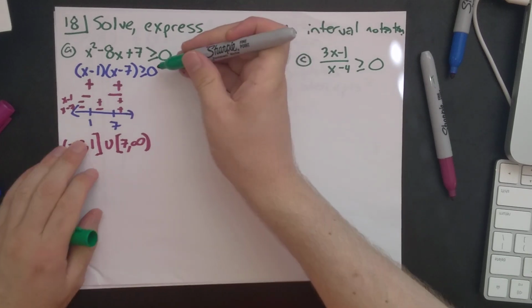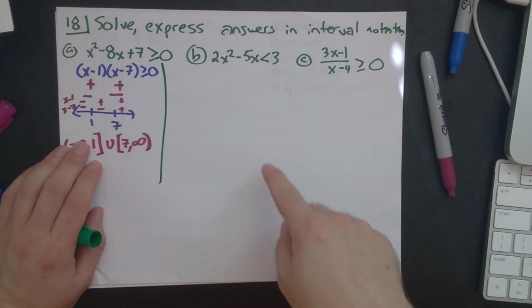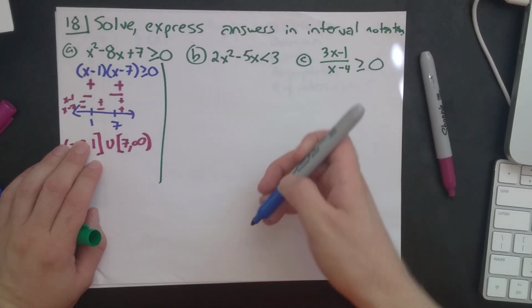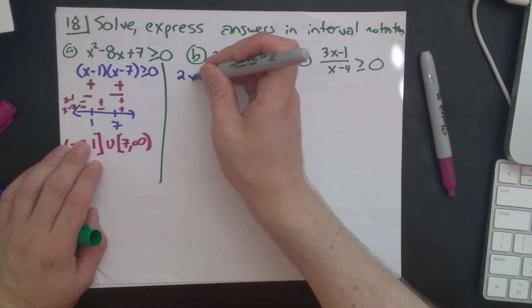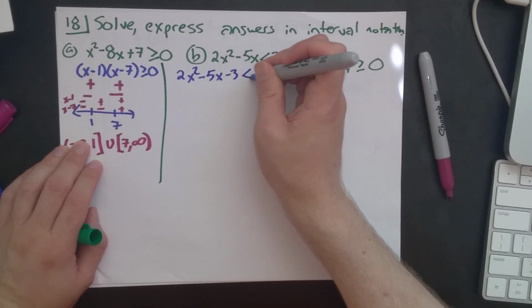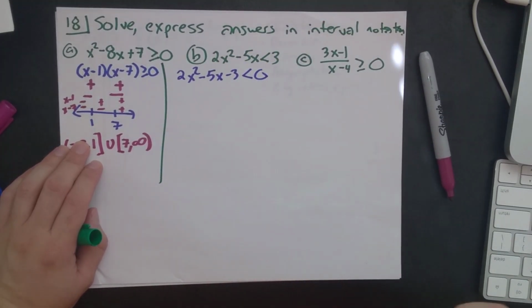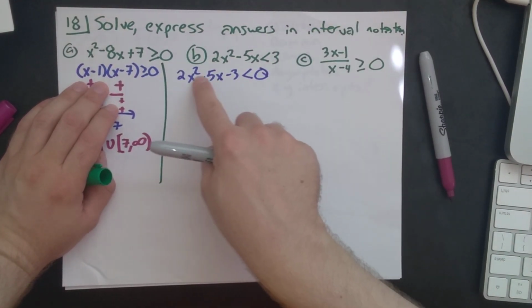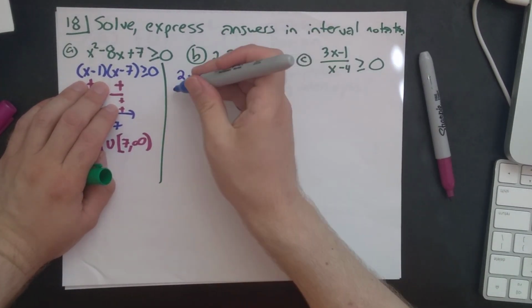Okay, so that's the first one. The second one is similar. We just have to rearrange things a little bit. Moving that 3 to the left, we get 2x squared minus 5x minus 3, and now we want it to be negative here. And so let's factor this.